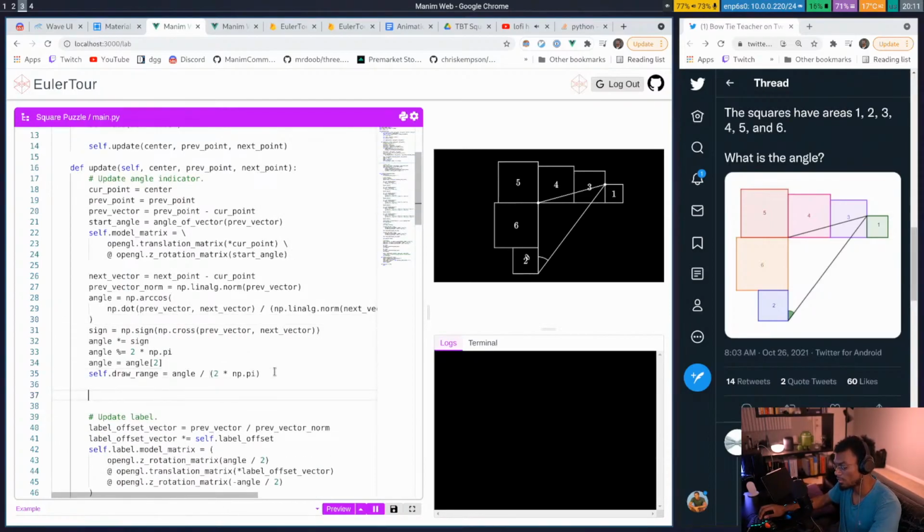And the angle would be, the dot product A dot B is this thing: cosine of the angle between them. Theta.